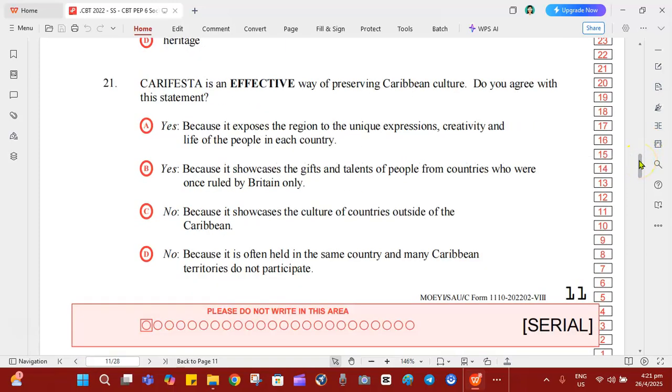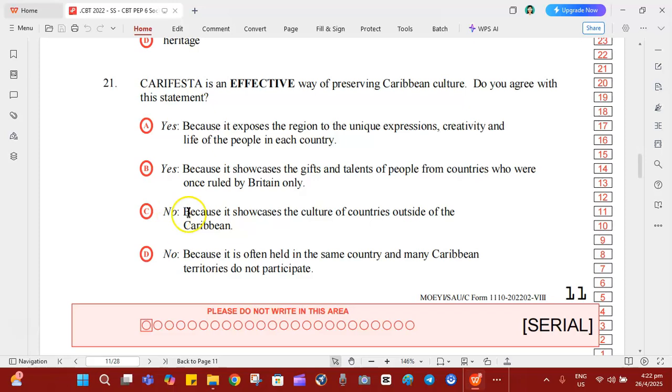Oh, it's 21. CariFesta is an effective way of preserving Caribbean culture. Do you agree with this statement? A says yes, because it exposes the region to the unique expression, creativity, and life of the people in each country. B says yes, because it showcases the gifts and talents of people from countries who were once ruled by Britain only.